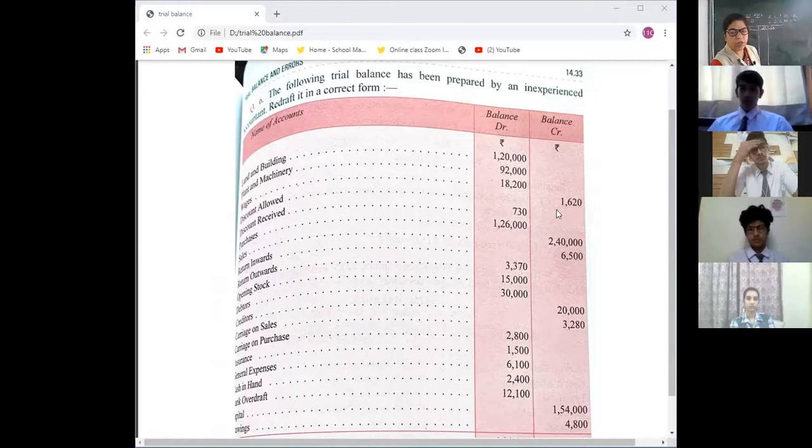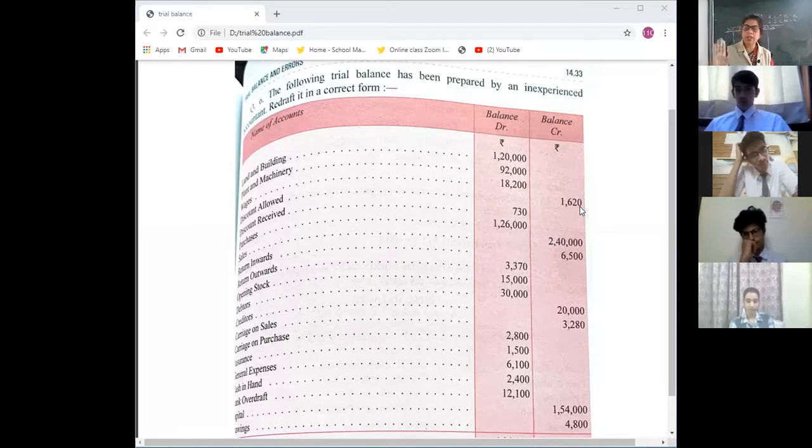It is given wrongly in credit. So don't worry, you have to follow those 2 line rules. All expenditures and assets will be debited. All liabilities and all income will be credited. So here discount allowed will be in debit.